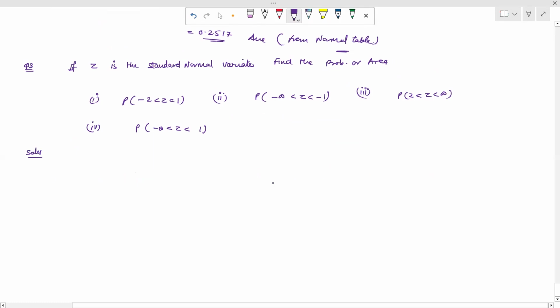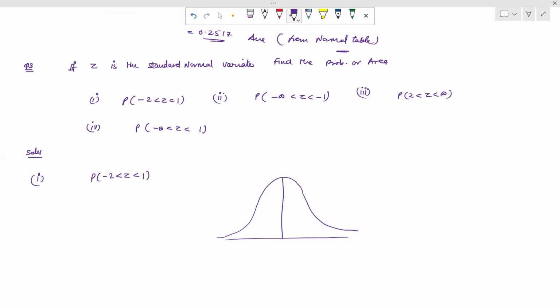So first we solve the first part. Now we are going to calculate the probability or area from minus 2 to 1. So we draw the graph. Z lies between minus 2 to 1.